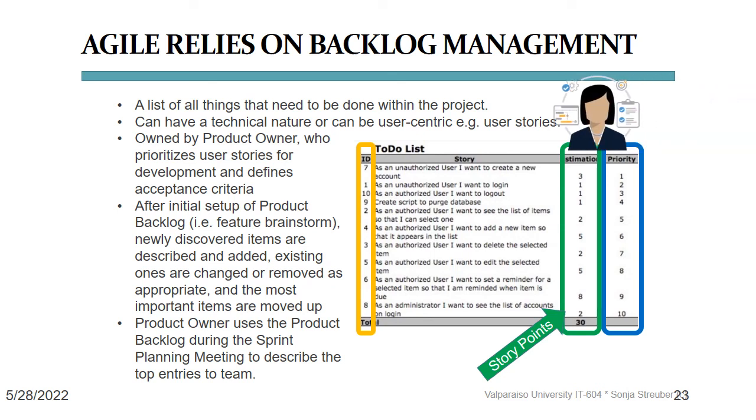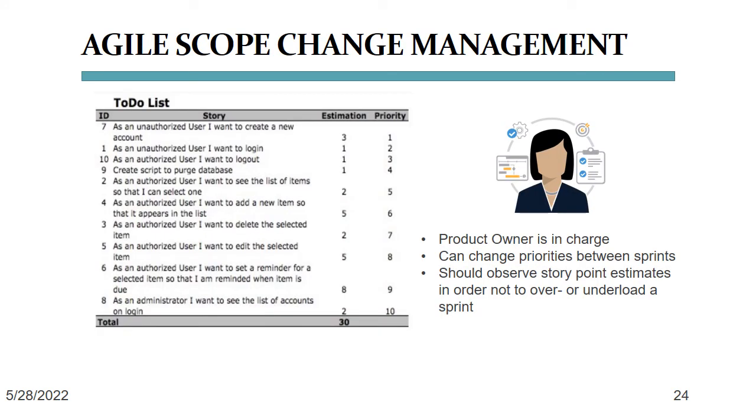So what about scope change management in an Agile context? Do we still have to control scope? Yes, we do, but the product owner is in charge here. You're seeing the backlog on the left side of the screen here. The product owner can decide to change priorities between sprints.